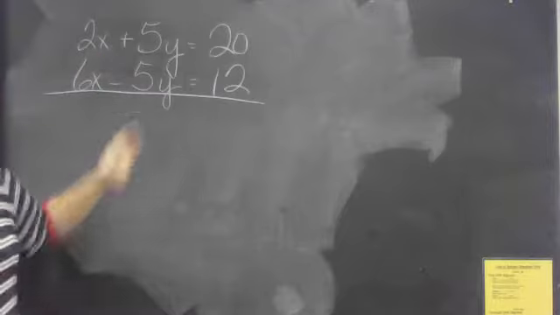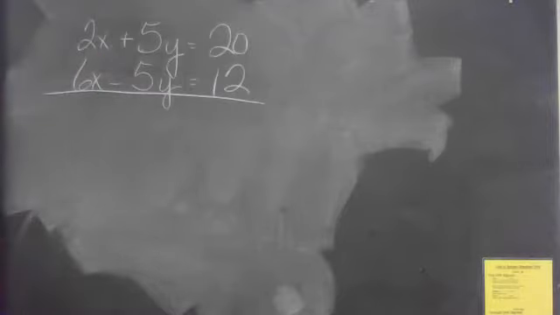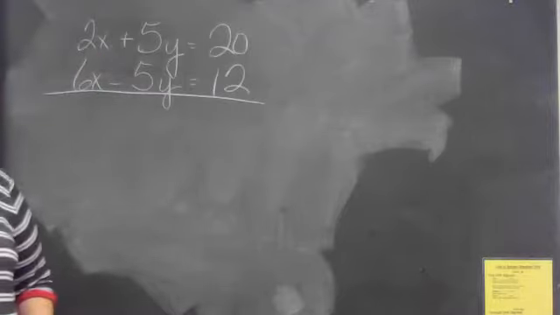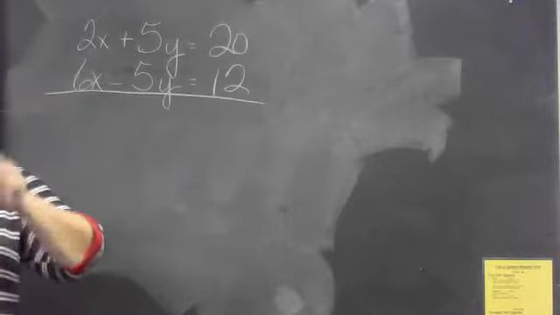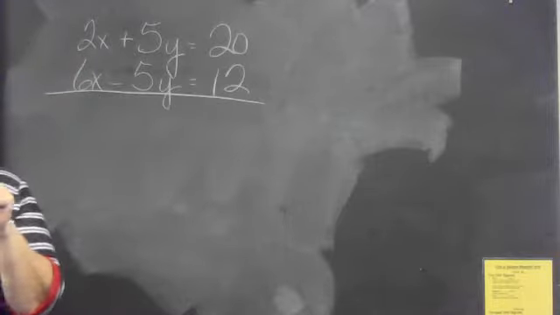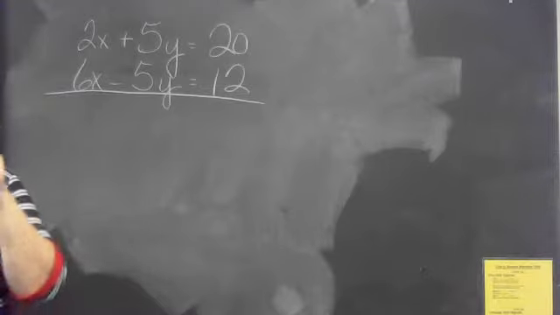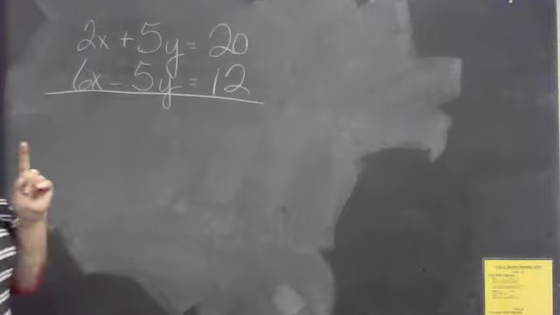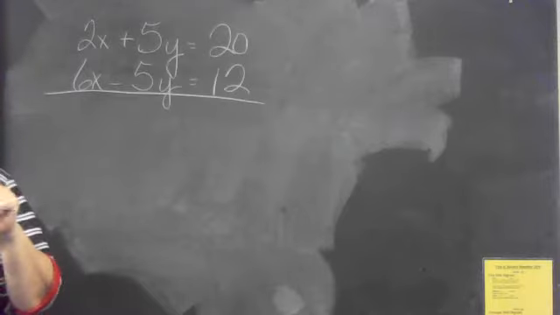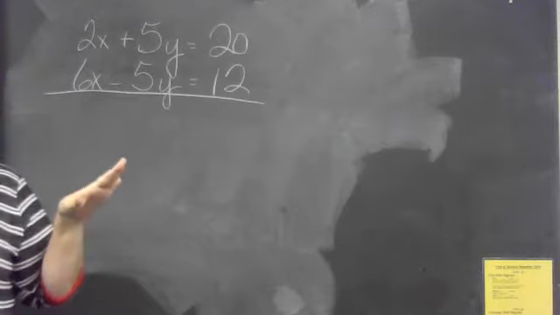This is called the addition method because what we're going to do is just add straight down, but it's a really big but. You have to have it arranged so that one of the variables will come out to 0 and cancel out.